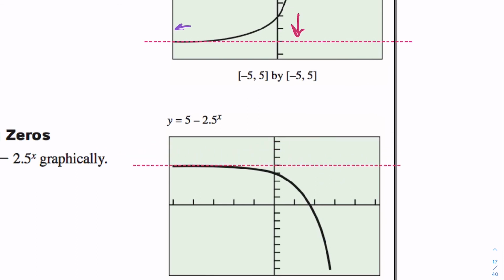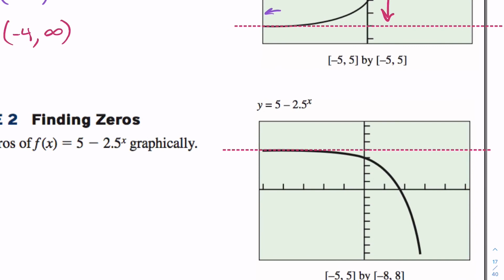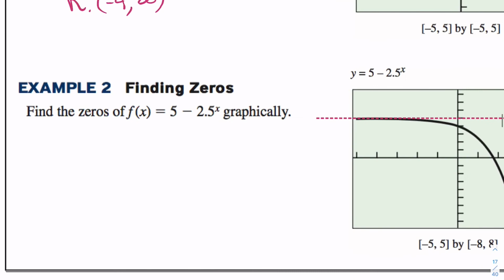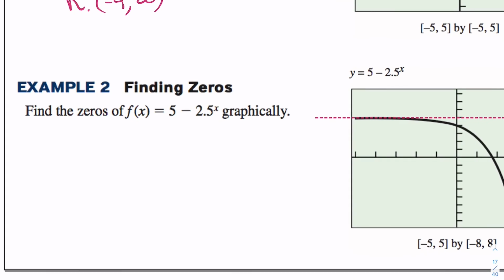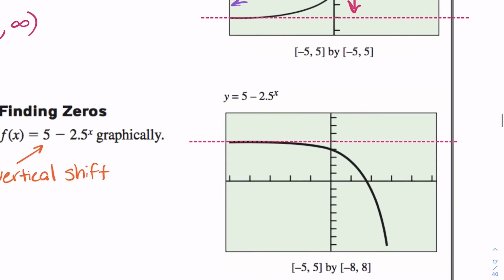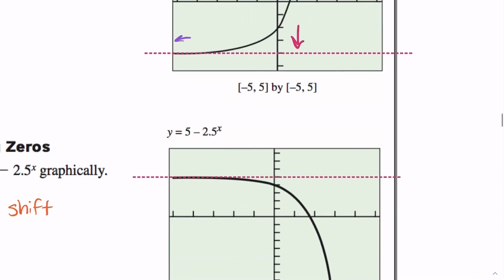And where is here? Well, it looks like it's at 5. Huh. Well, take a look. Isn't 5 my vertical shift? So that might tell you a little bit more about the function. So the vertical shift is right there, and it looks like that is where the asymptote shows up.